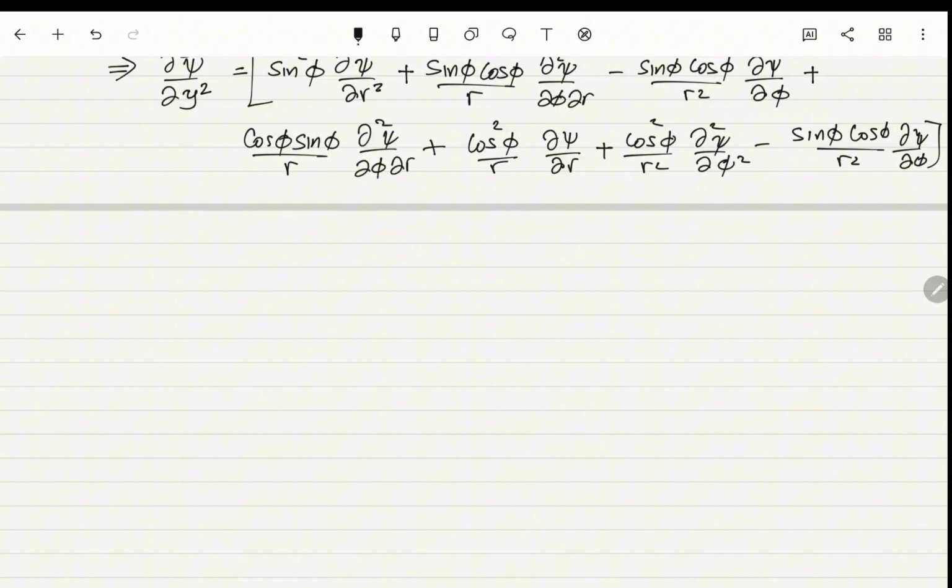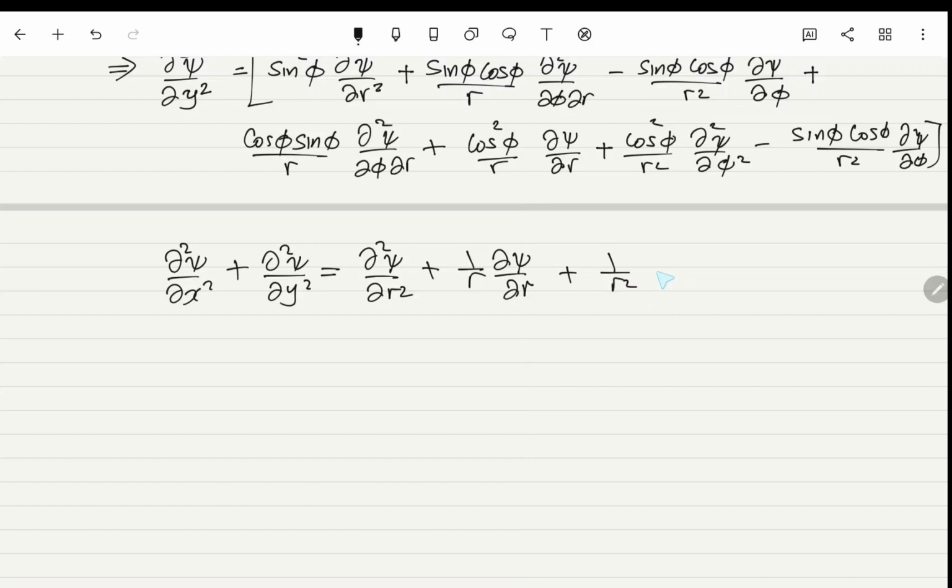If we add both equations together, partial 2 psi partial x square plus partial 2 psi partial y square, we will get partial 2 psi partial r square plus 1 over r partial psi partial r plus 1 over r square partial 2 psi partial phi square.